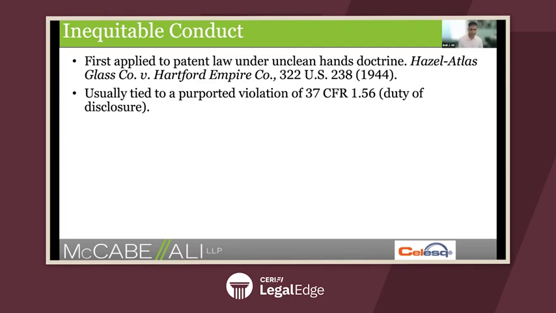It basically stood for the proposition that the application was rejected, and to overcome the rejection, the patent attorneys wrote an article that said, oh my God, this glassmaking process was so novel and unique. They then gave that article to an expert in that industry. That expert adopted the article and said, oh, thanks for writing it for me. And I don't know, changed it a little bit, published it under his name.